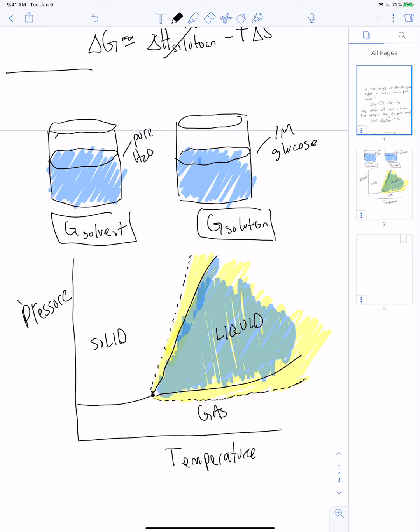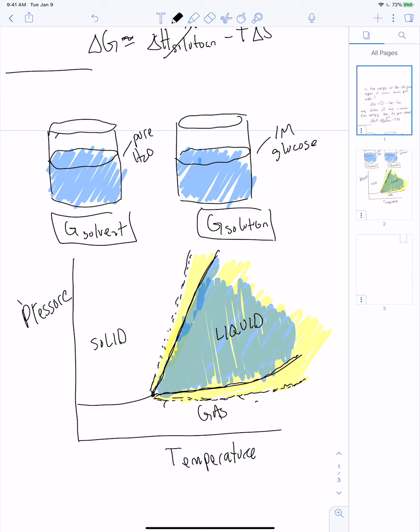As I add solute to it and lower its free energy, you can think of a lowering of the free energy as a stabilization. Now I expand where it can be stable out into lower temperatures as well as higher pressures and higher temperatures, excuse me. Both directions really.